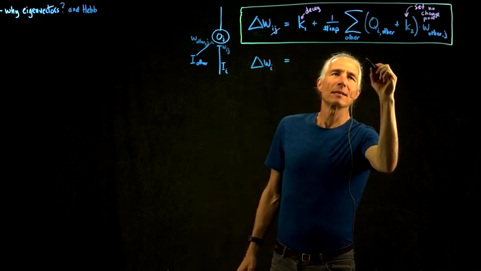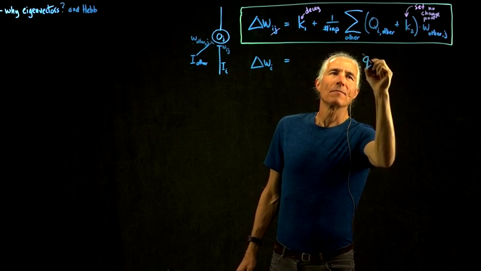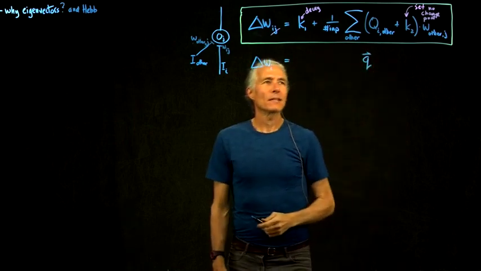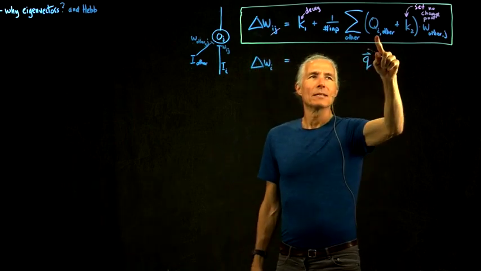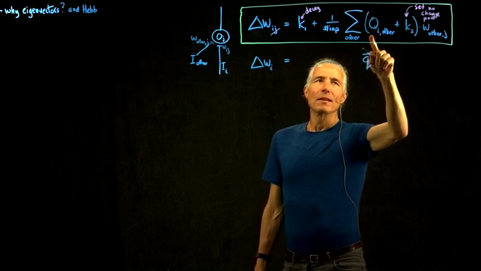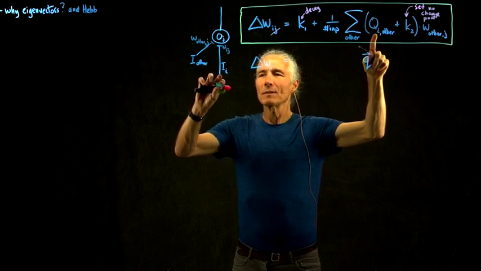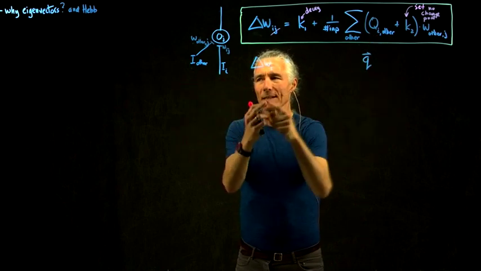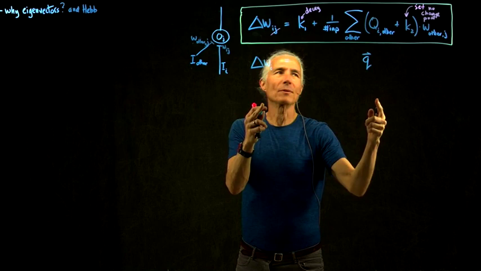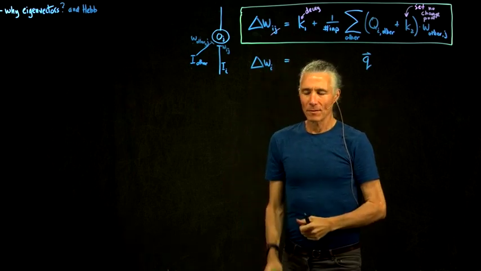So this equation basically says we've got that thing, which is a vector. This is the correlation between this unit and all the other units. So that's a vector of numbers.